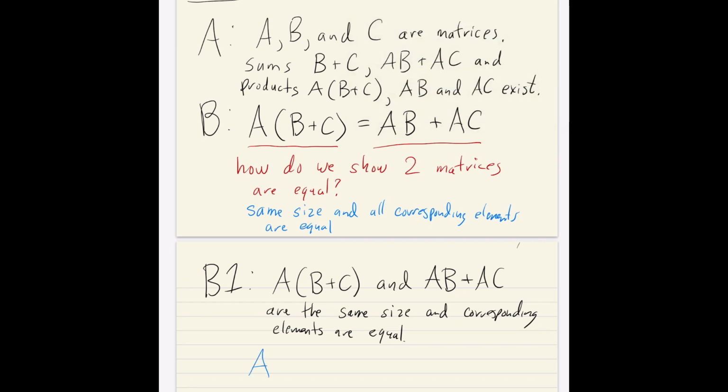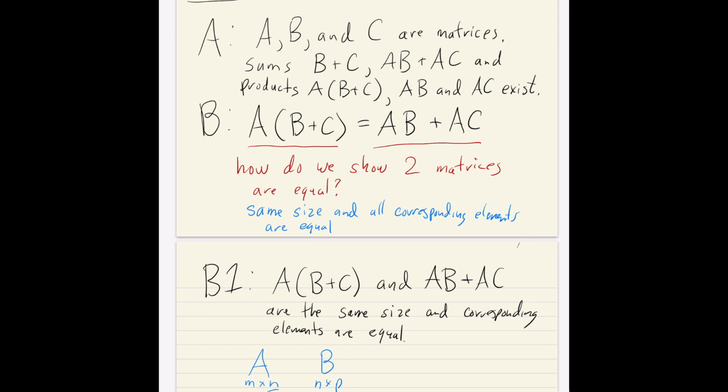Let's say that A, we're just going to pick two dimensions. Let's say it's m by n. And because I said in my assumption that AB and AC exist, that means that B has to be something like n by p, because for a matrix product to exist, their inner dimensions must be the same.